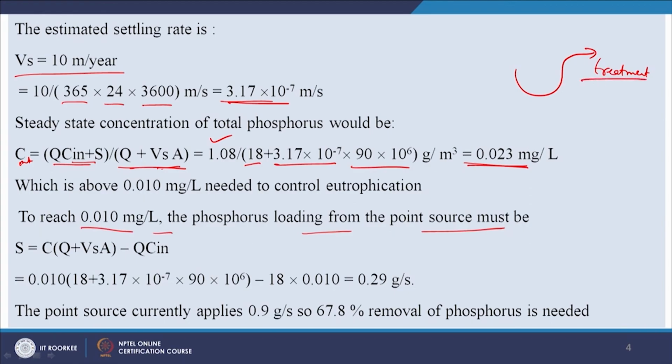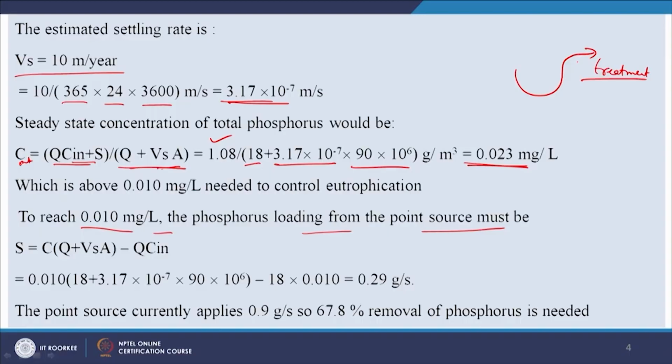Now, we have to calculate how much of this phosphorus should be removed by this treatment. So, we can assume that after this we are getting phosphorus concentration under the permissible limit, that is 0.010 mg per liter. In that case, what should be the value of S? The addition of phosphorus from the point source that can be accommodated without any treatment, that we are going to calculate. So, we will rearrange these expressions.